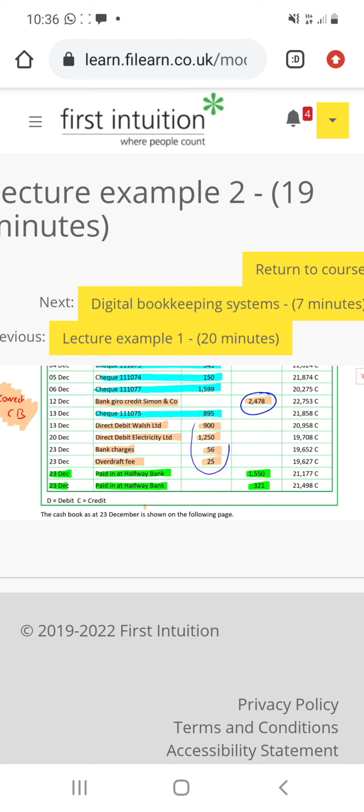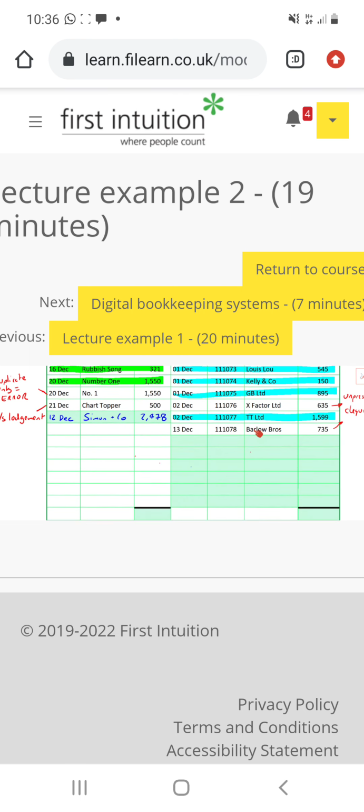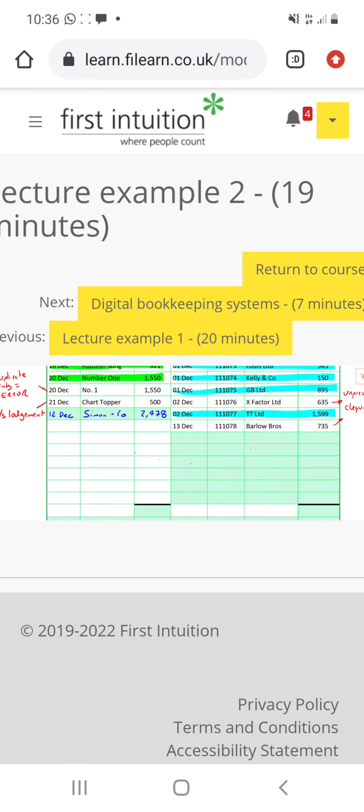We then have these 4 payments here, which are all in orange, which again we just need to go and pick up and write in the cash book because they really have happened. They've gone through the bank, so we need to include those. So on the 13th of December, we've got the direct debit to Walsh Limited of 900.